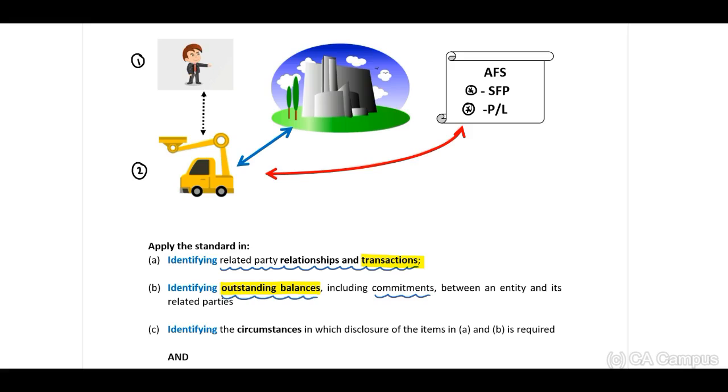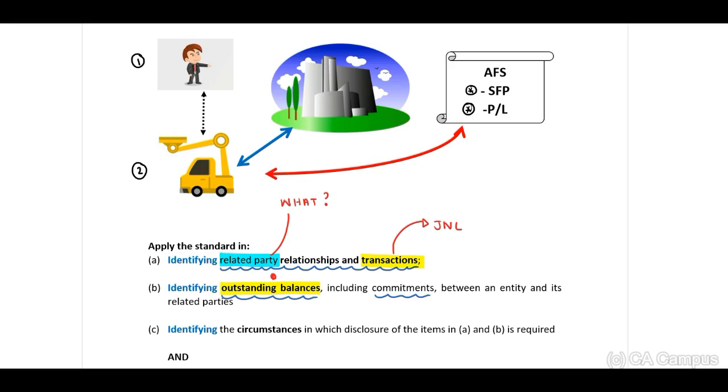Now, the standard will assist us in identifying what is a related party transaction. But you need to be able to understand your basic journal entries, debits and credits, and how to calculate an outstanding balance, which I'm pretty sure that you are able to do.